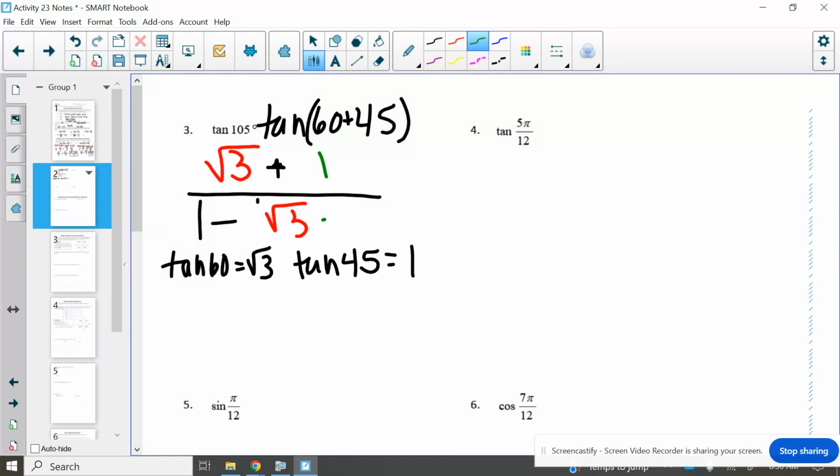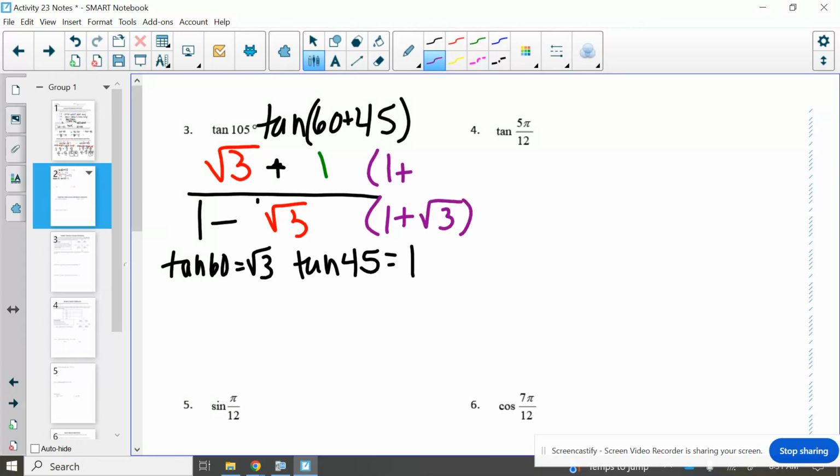So on the top, we end up with square root of 3 plus 1, and then on the bottom, 1 minus square root of 3 times 1, which would just stay square root of 3 since anything times 1 is itself. Now, what makes this a little bit tricky is that this is not how we are allowed to leave our answer. We must keep this as simplified as possible. So what we're going to do is multiply by the conjugate of the denominator. Our denominator was 1 minus square root of 3.